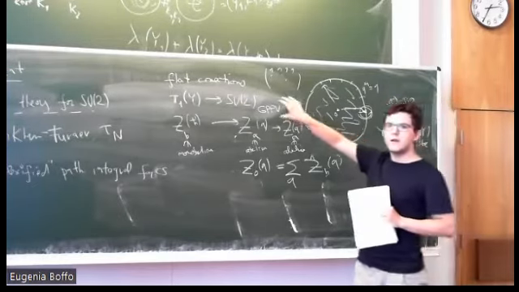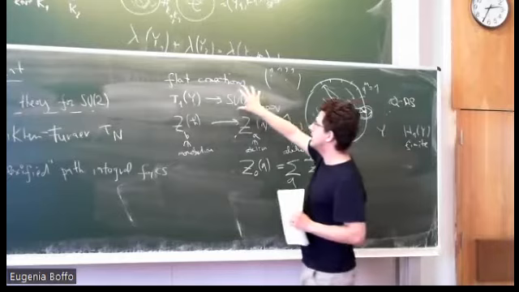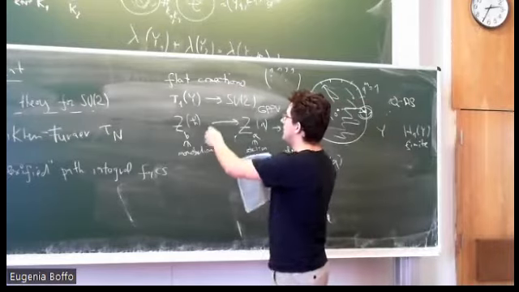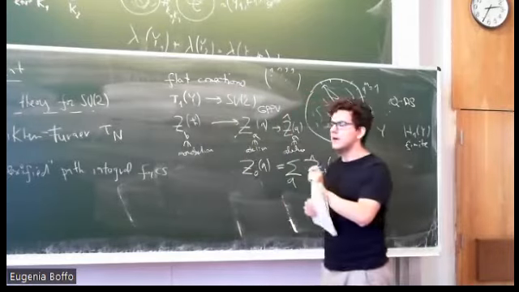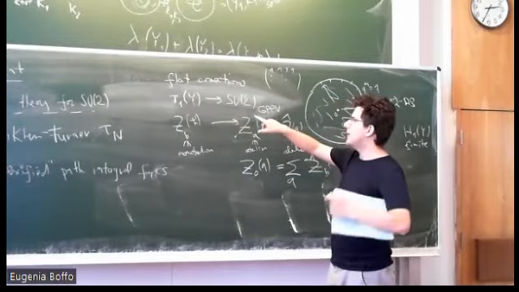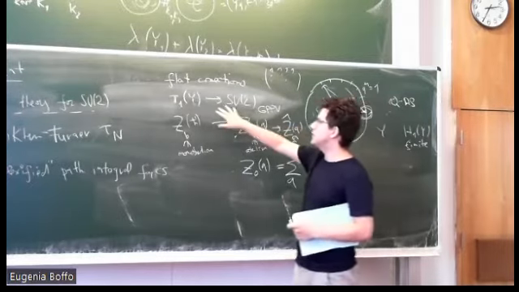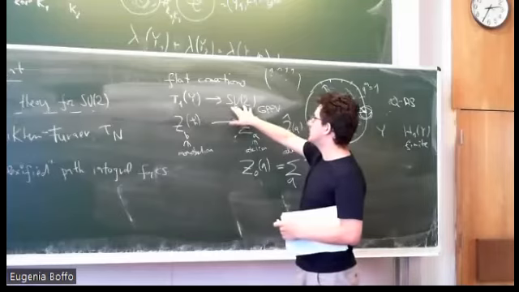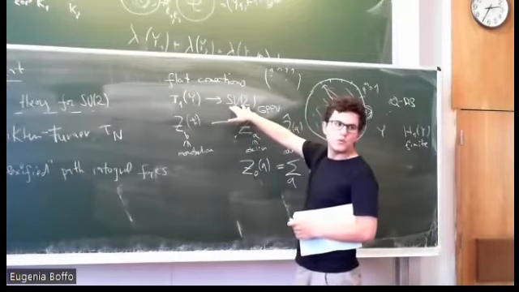By abelian connections, I just mean something which has an image U1 over here.